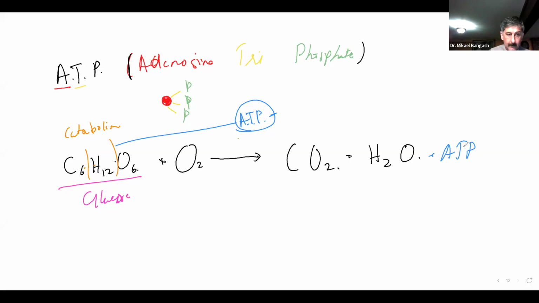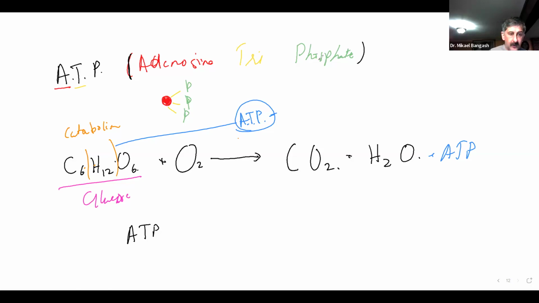Now, guys, what is going to happen to this ATP here? We just look at it as an adenosine molecule with three phosphate molecules. That's why it's called adenosine triphosphate.